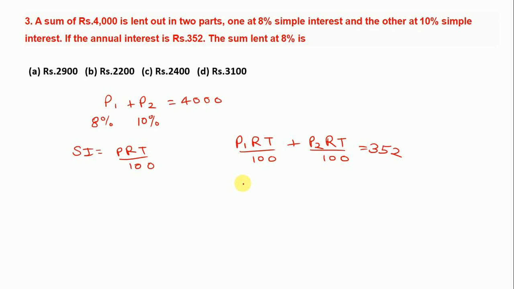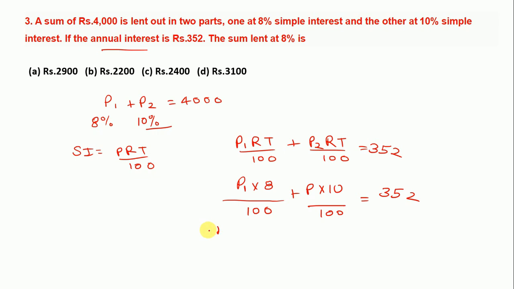Now let us put P1 here, and R is 8% from here, and T is 1 as it has been given annual interest. So year is 1, divided by 100, plus P2 into 10. Here rate of interest is 10, divided by 100, is equal to 352. Now 8 P1 plus 10 P2 is equal to 35200.